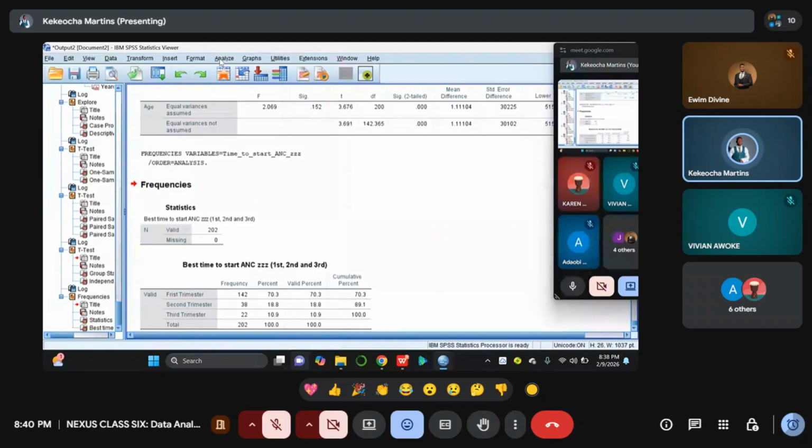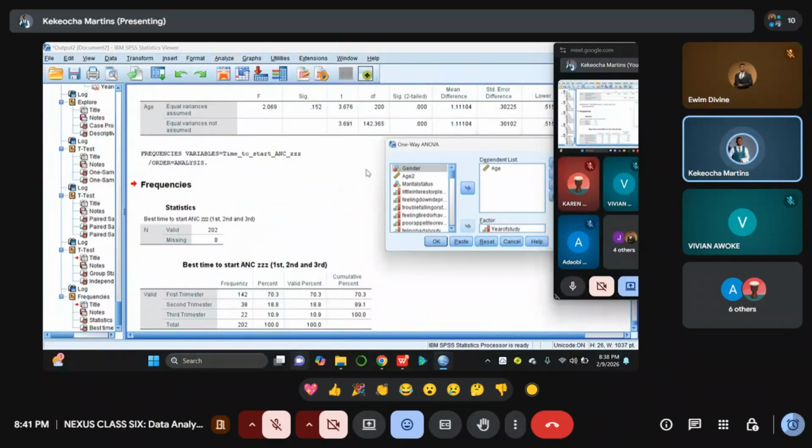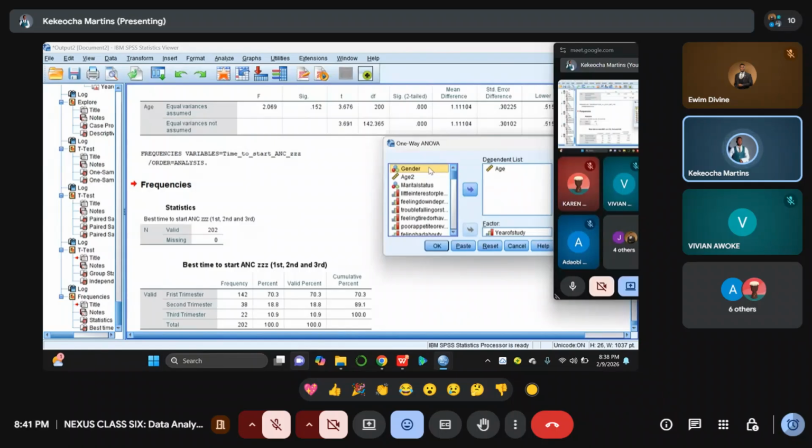Now we want to check the difference between the mean age of people that booked in first trimester, second trimester, and third trimester. Is there any significant difference between them? So we go over to Compare Means, we choose ANOVA.